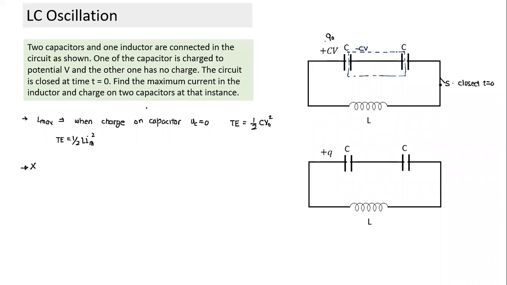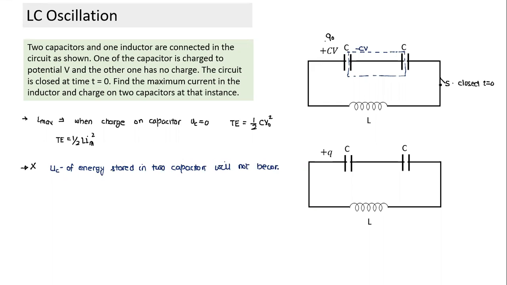So in this case, unlike previous cases, UC, or energy stored in the two capacitors, because we are taking total energy stored in the capacitors, will not become 0.